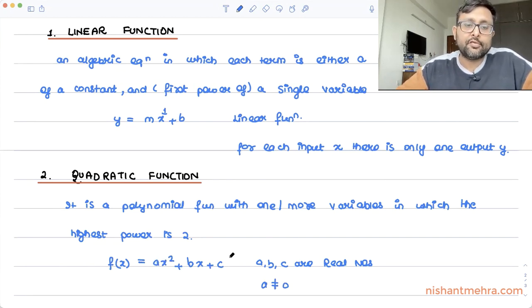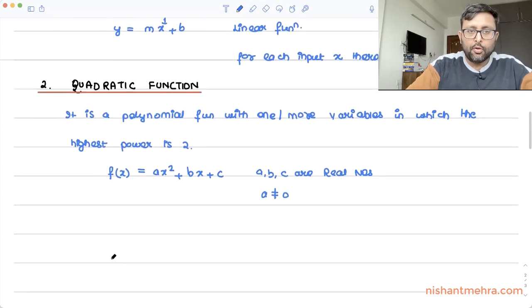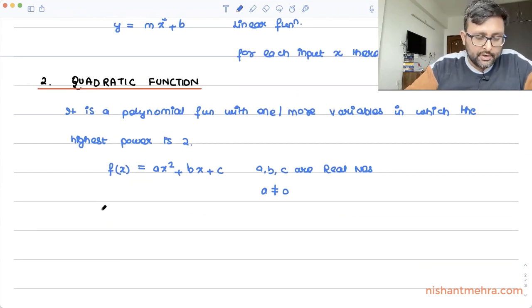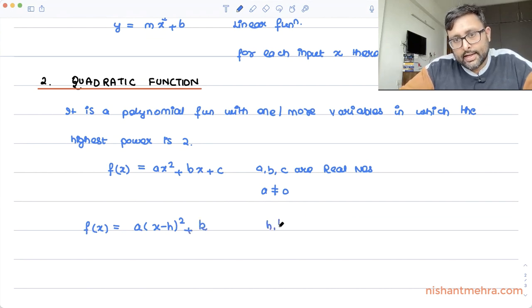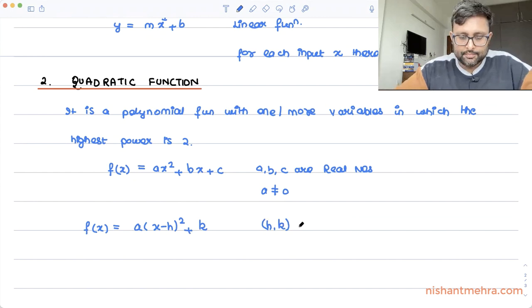So it becomes a linear function in that case, and not a quadratic function. What's the standard form of the quadratic function? f(x) equals a times (x minus h) whole square plus k. You call (h, k) the vertex of the parabola.